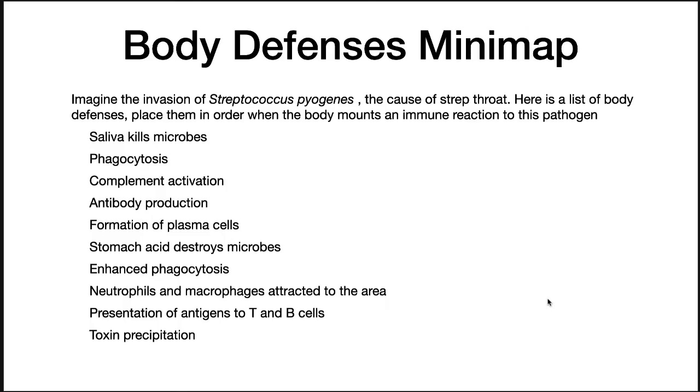Once you're done with that, please do a body defenses mini-map. Imagine the invasion of Streptococcus pyogenes, which is talked about in section 16.5. Go through and order all the different things that happen and in what order they happen. That will be really helpful for you to understand this process.